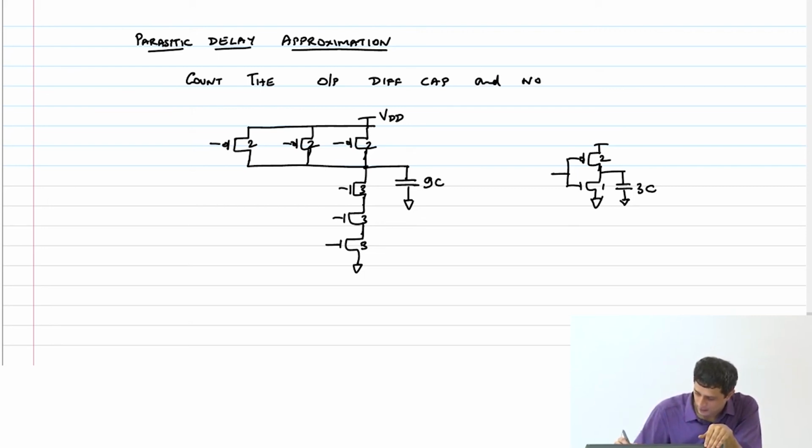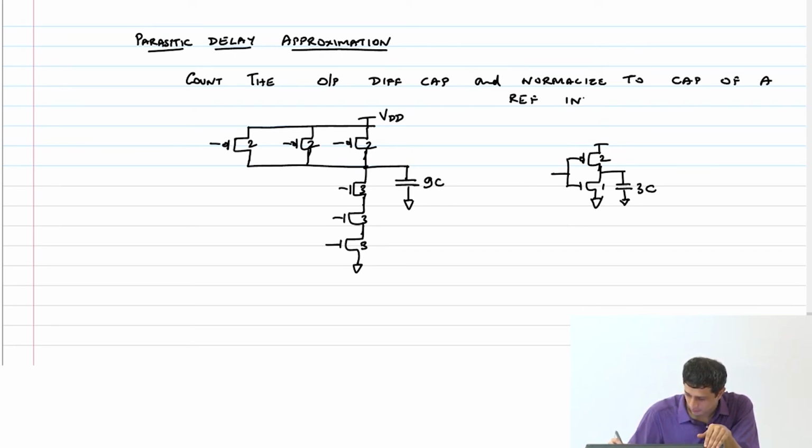And normalize to the cap of a reference inverter. So the delay will simply be, for this, 9C by 3C equals 3.